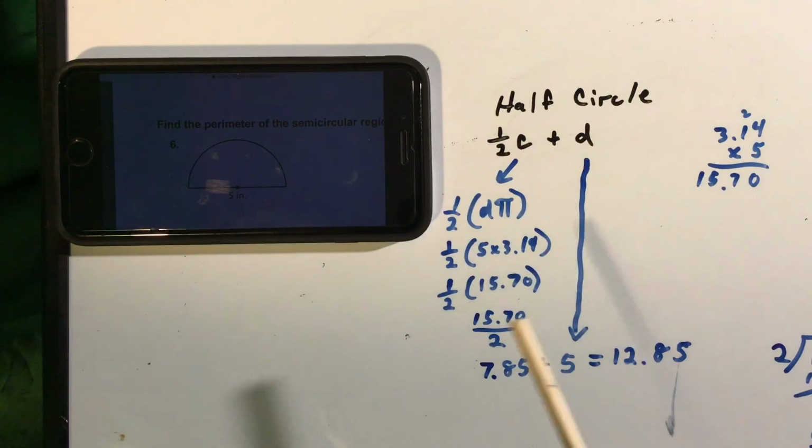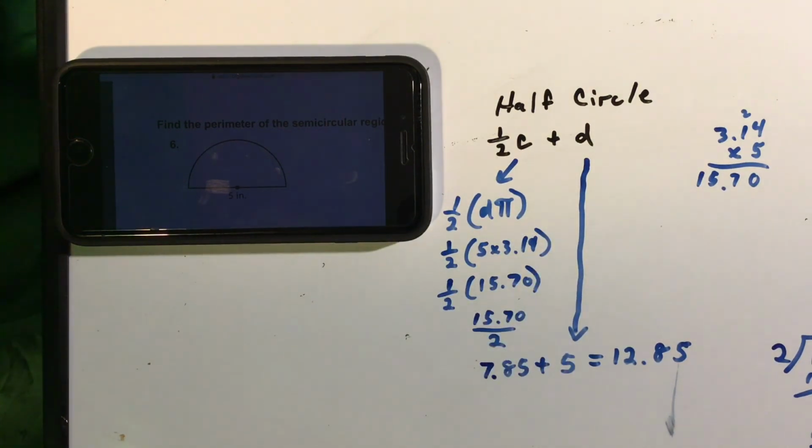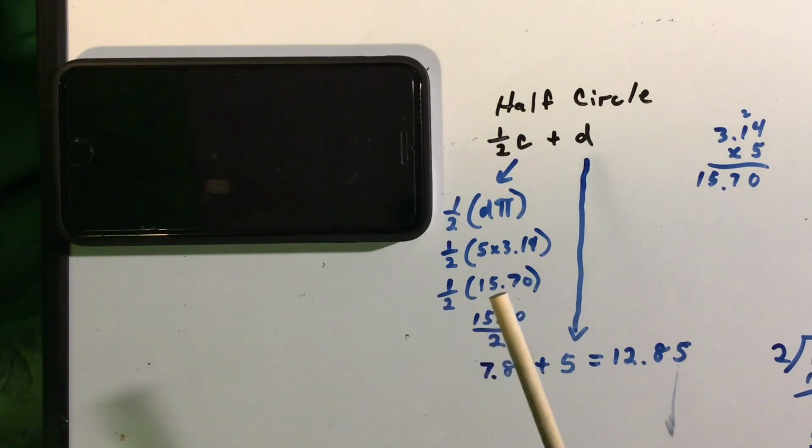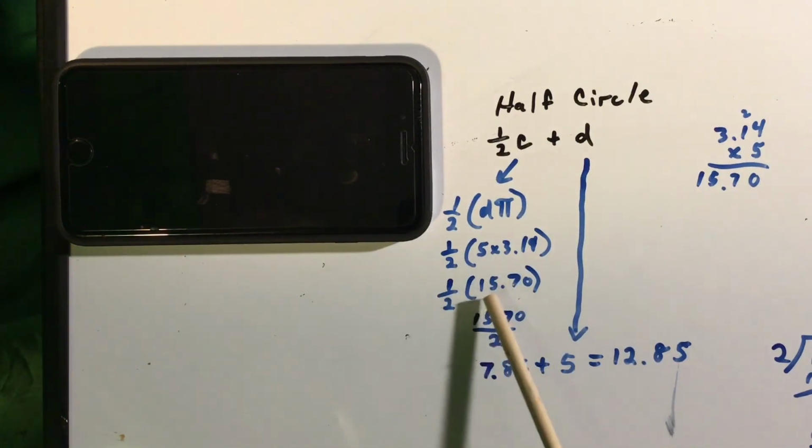So the diameter is 5. 5 times 3.14, which is pi, gives us 15 and 70 hundredths. Well, I got to find half of that circumference, so I have to divide it by 2 or multiply it by 1/2.